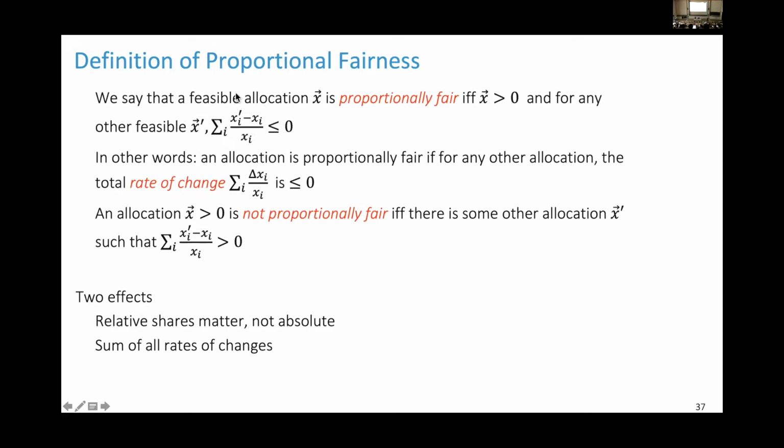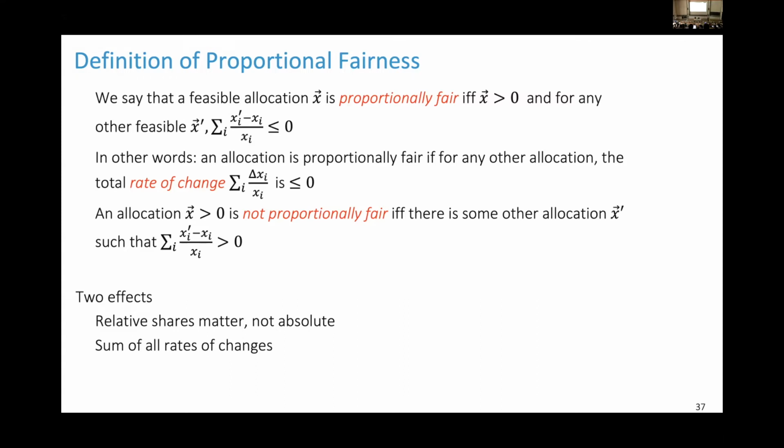What is this value here? So for each source I, we compute what is the rate of change, what is the relative change if we move from allocation X to allocation X prime. Then we take the aggregate. So we look at the total rate of change.